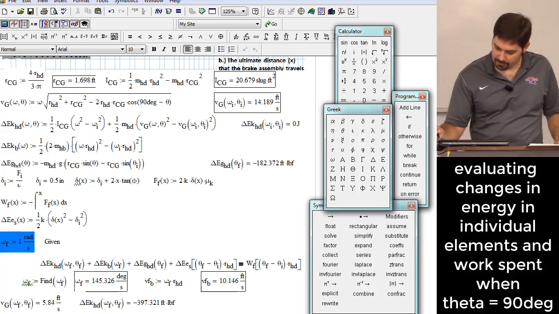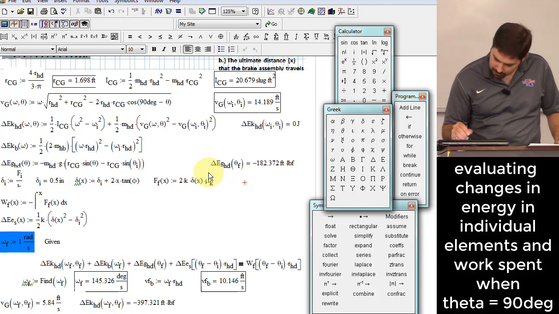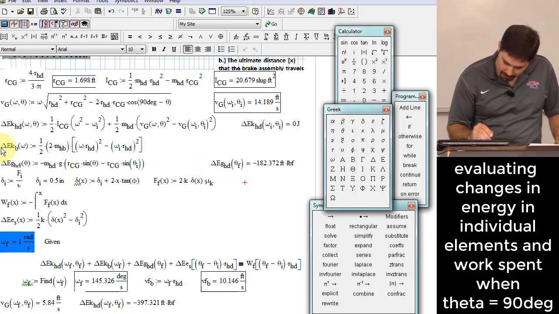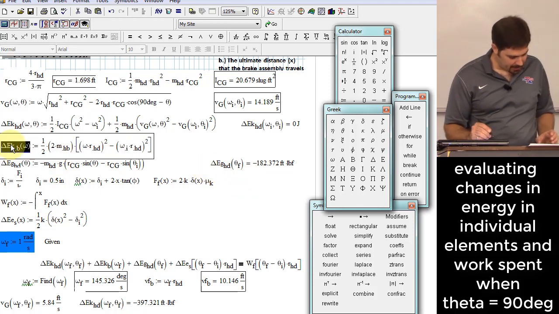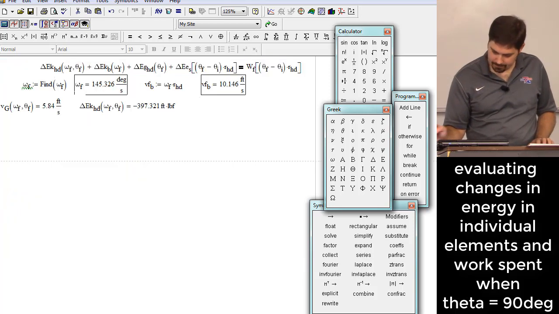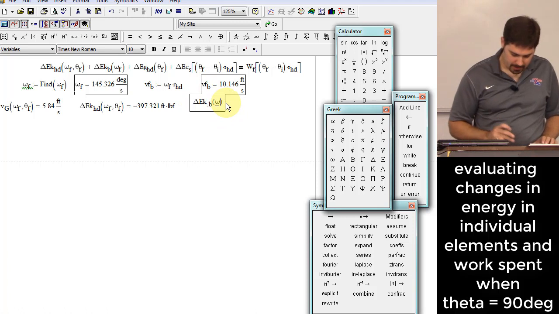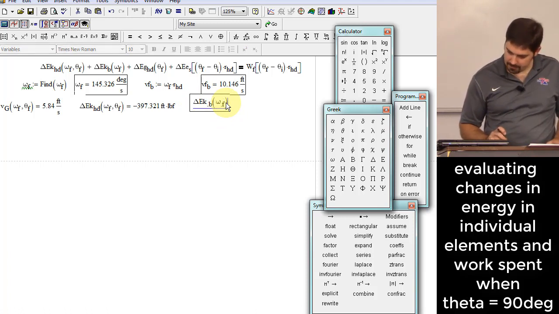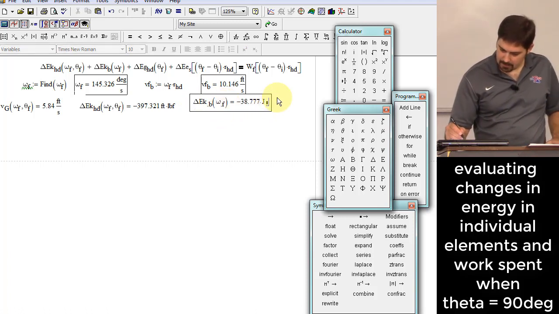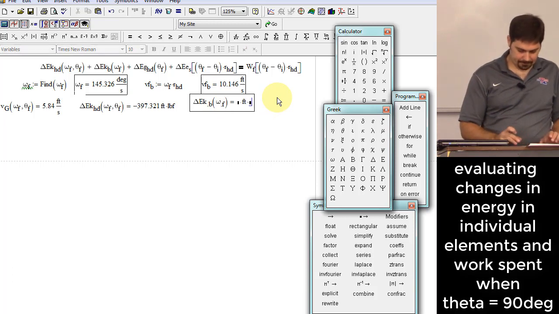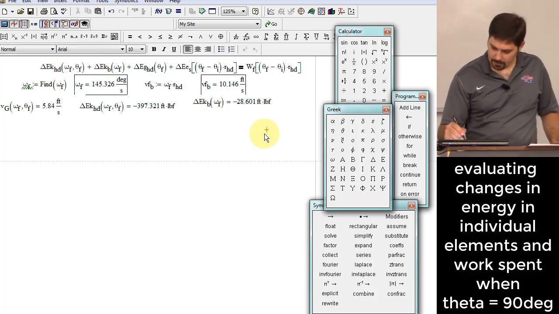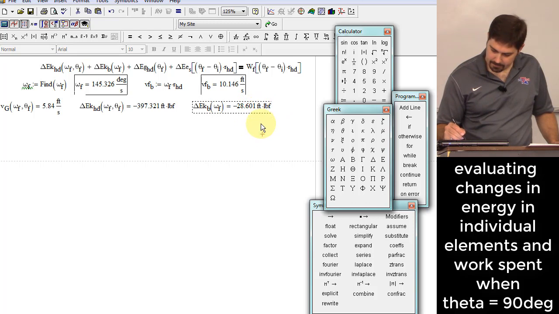We can do this for all of the different, like we can do it for gravity, or we can do it for the brake, all right? Here I'd put in sub F and hit equals. All right, so what does that tell us?